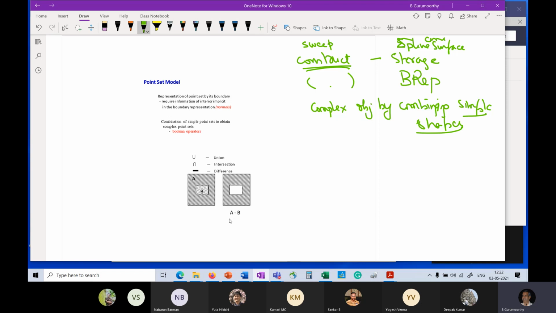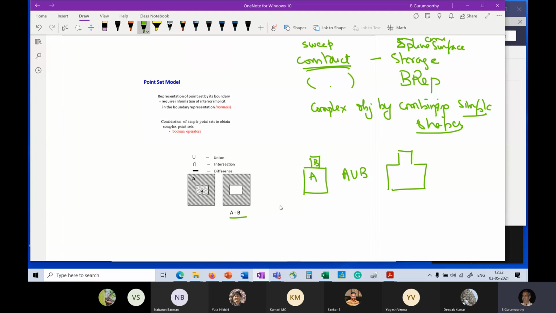And if I do an operation called A minus B, meaning I remove the point set B from the point set A, then I get something that looks like this, which could be like a square with a hole. Or alternately, I could have positioned my B somewhat differently. So this is A and this is B, and then I express the desire that the set be the union of A and B, and then I get a block like that.